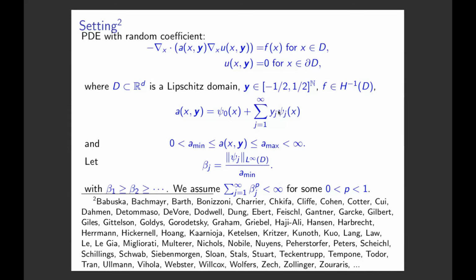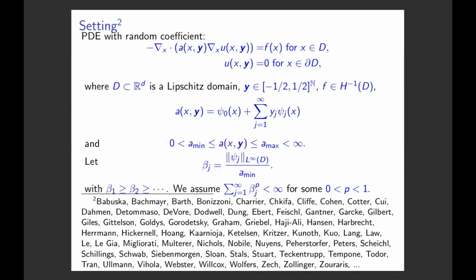Now, these functions psi_j are important. We define the coefficients beta_j as the infinity norm, so we assume that the infinity norm of the psi_j is bounded.